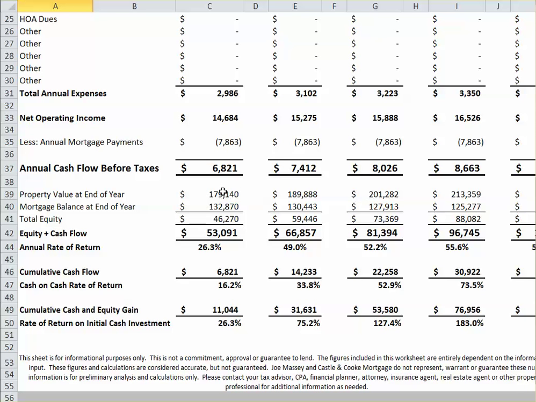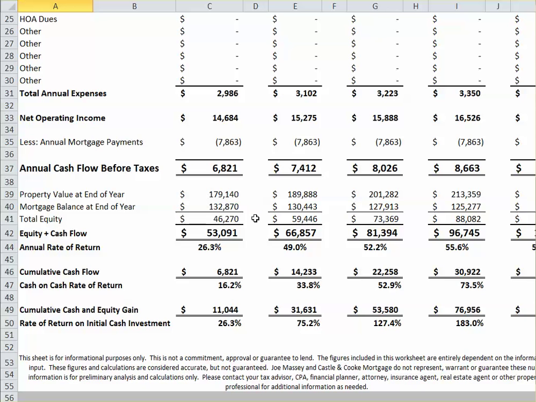Now we paid $169 for it, and we expect over the long run that $169 to go up by 6% per year, meaning the property value at the end of year 1 is $179,140. Your mortgage balance goes down because about 10 or 12% of your first year PI, principal plus interest payment, goes to principal, meaning this goes down, so your total equity is now $46,270.